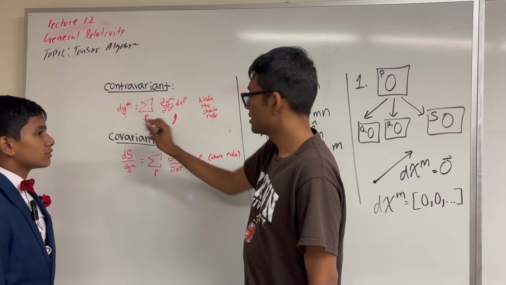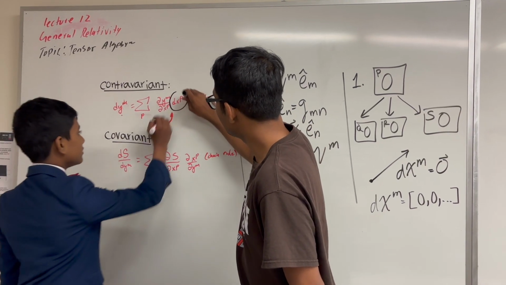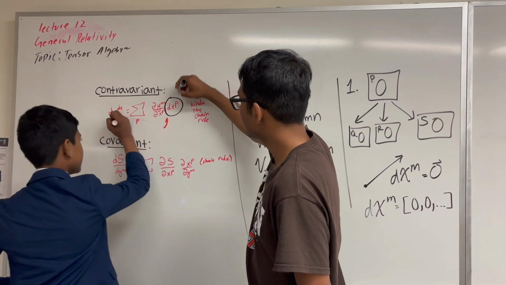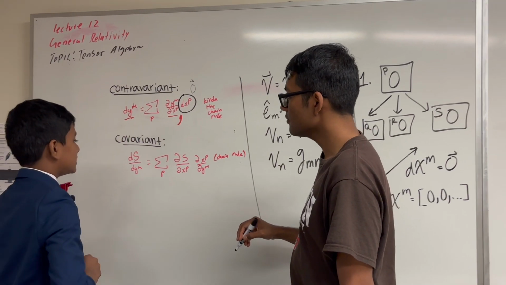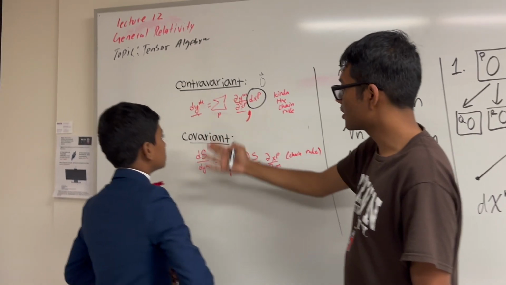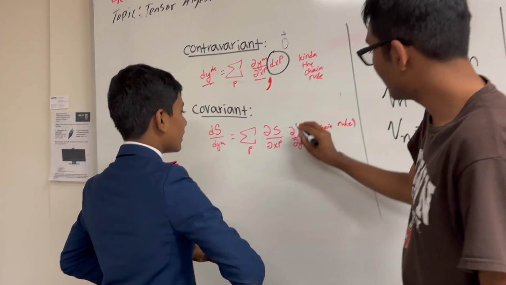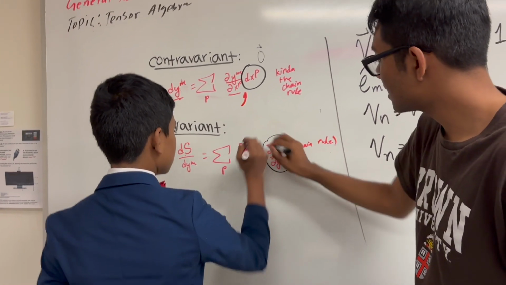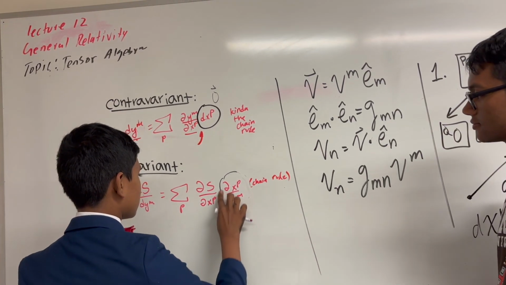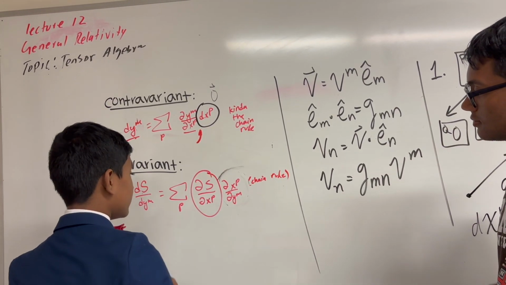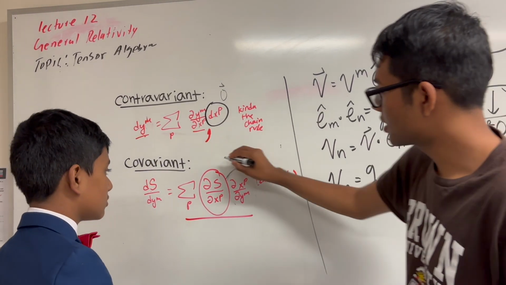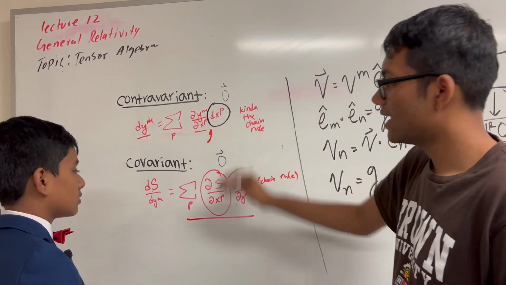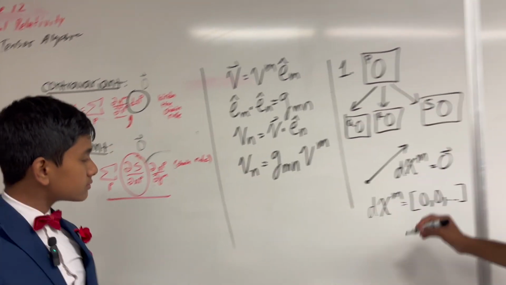If dx^m is 0, then this is always going to be 0 no matter what. All of the summation is just going to be 0. It doesn't matter if you have a contravariant or covariant. So you see, if a tensor is 0 in one frame, it's 0 in all frames.